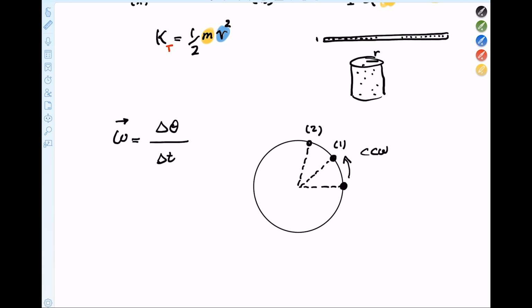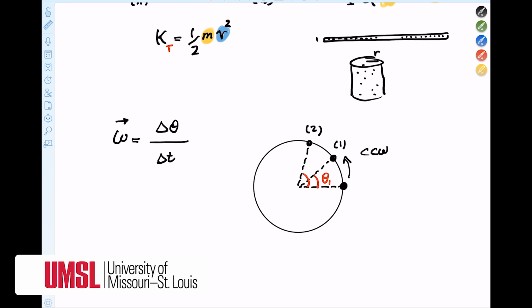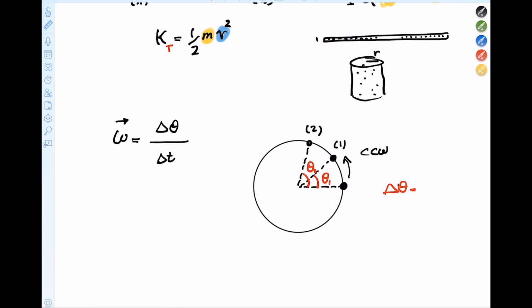So point 1 has theta 1, point 2 has theta 2, and delta theta is theta 2 minus theta 1. This is called angular displacement. This is the omega, or angular velocity. So again, angular velocity is angular displacement divided by time.